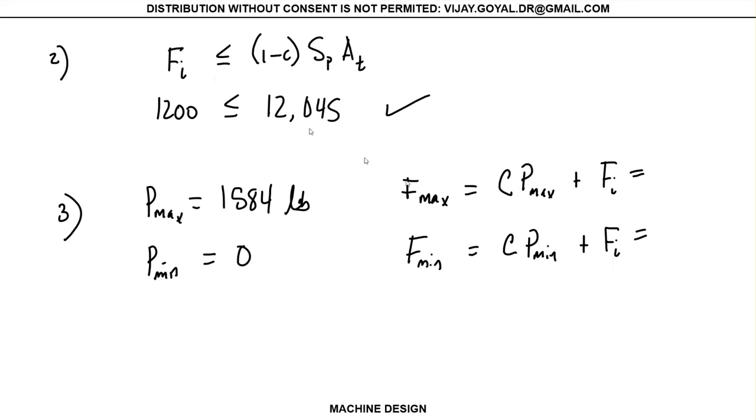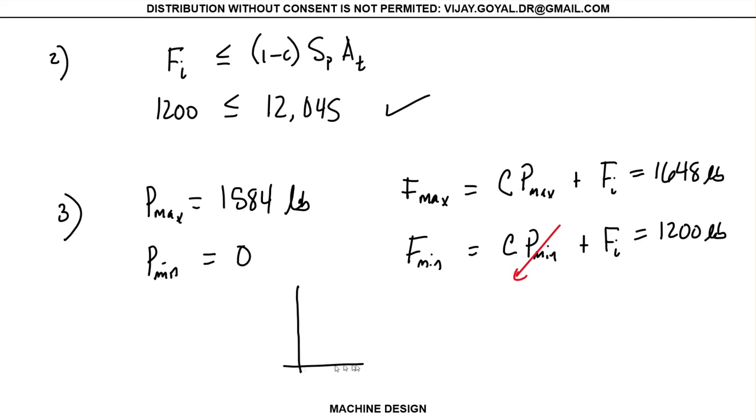In this particular problem, this is 0 because I'm starting at the 0 condition, and that's very common because you have a bolt, you're not applying anything, you remove the load, you apply the load, you remove the load, apply the load. So that tends to be a very conservative approach. This is the loading condition that I'm going to use in my problem.